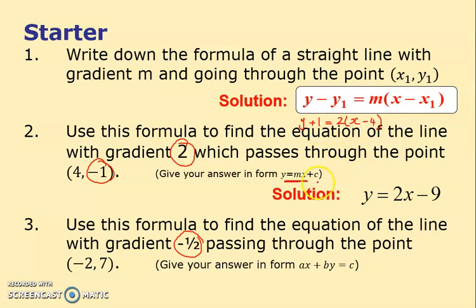According to me, you get y equals 2x minus 9. If you do a similar thing for part 3, you get x plus 2y equals 12. Notice again, it's so many x plus so many y equals a number. That's the format they wanted. Those skills are very important when you're finding equations of tangents to curves.